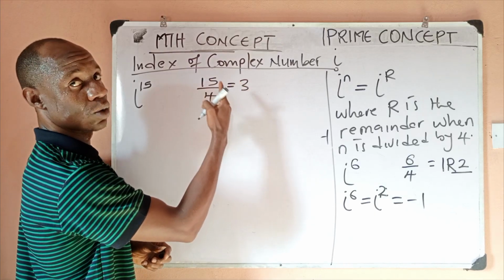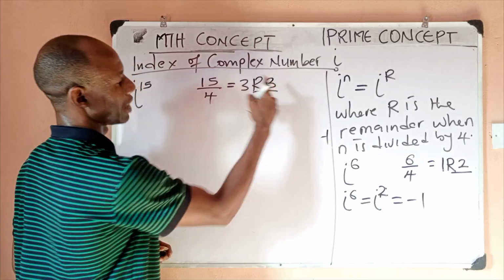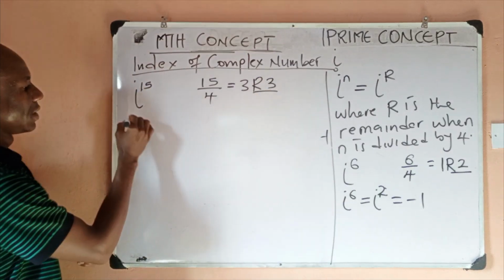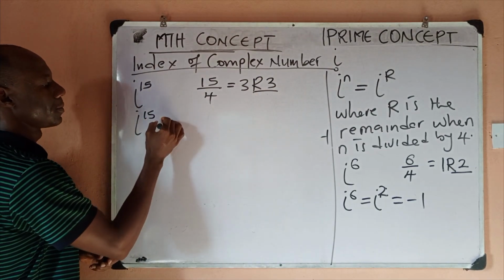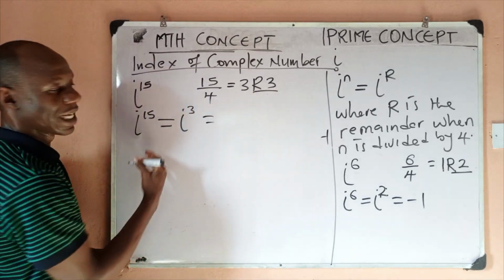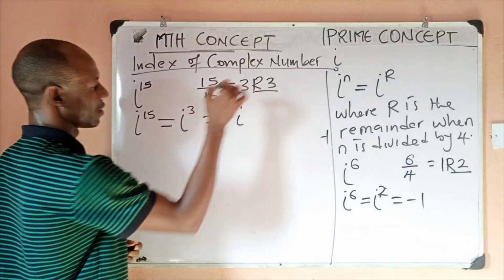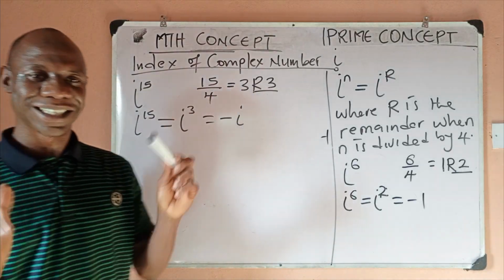So 15 minus 12 is 3. The remainder is going to be 3. So what it means is that i to power 15 is the same thing as i to power the remainder, which is 3. And we already established that i to power 3 is minus what? Minus i. So you can see how simple it is.